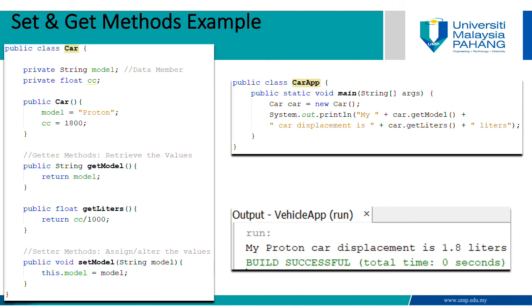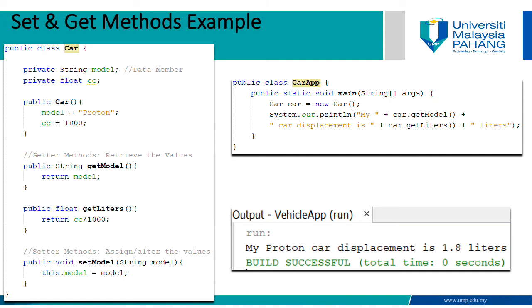How can we do that? You can see here. First we define a new car, and after that we call System.out.println with "My" and then the object. What is the object here? It is the car.